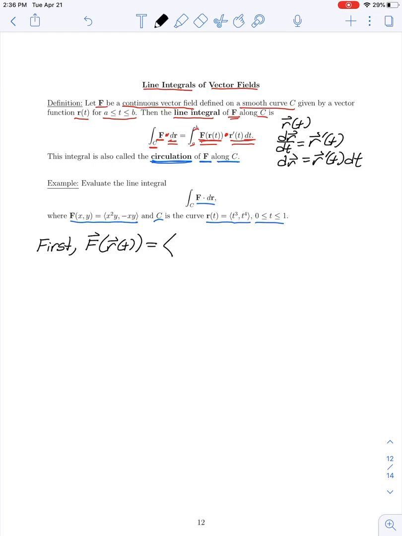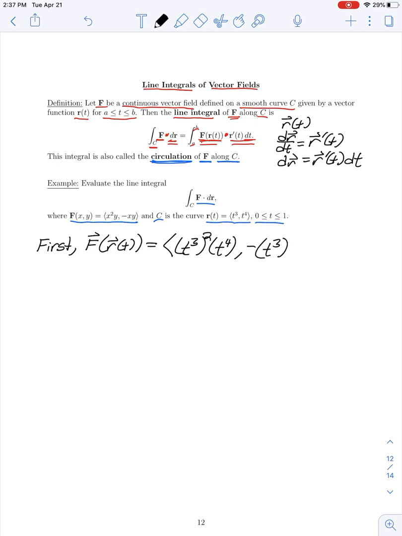So here the first component of our vector field was x squared times y. Now x, for points on our curve, is given by t cubed. So we have t cubed squared times y, for points on this vector function, given by t to the fourth. And then our second component for the vector field was negative x times y.